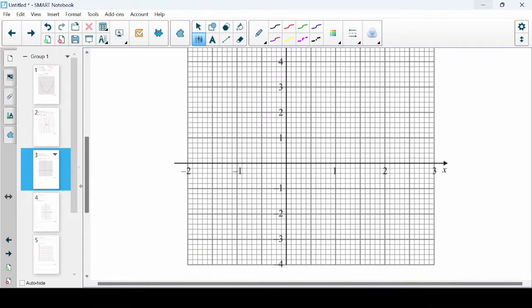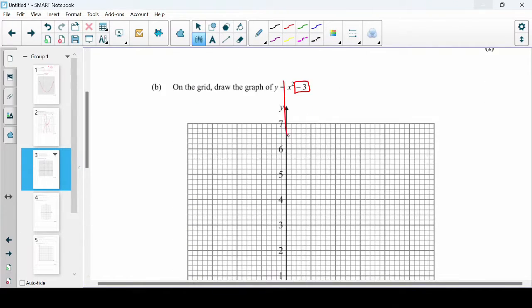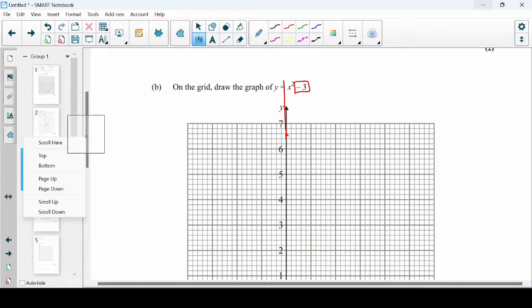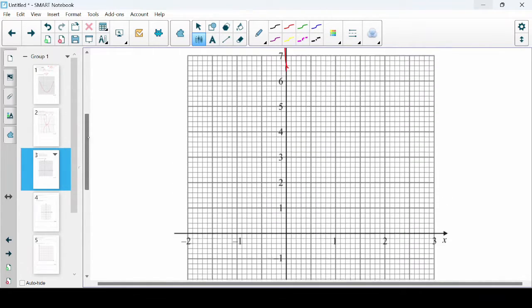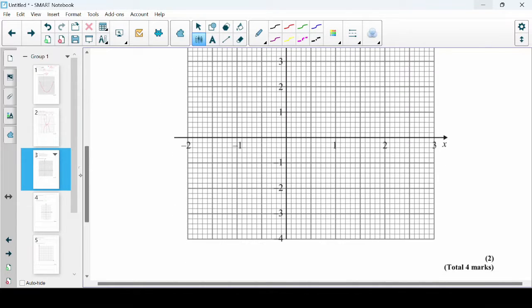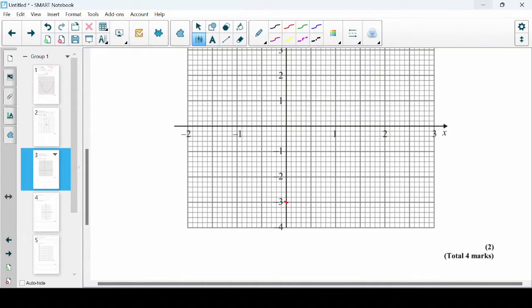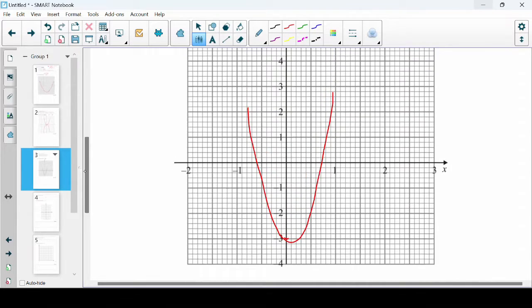The x squared value is positive here, so the graph should come up, and the y-intercept should be at -3 here. So it should come in at -3 and then go up.